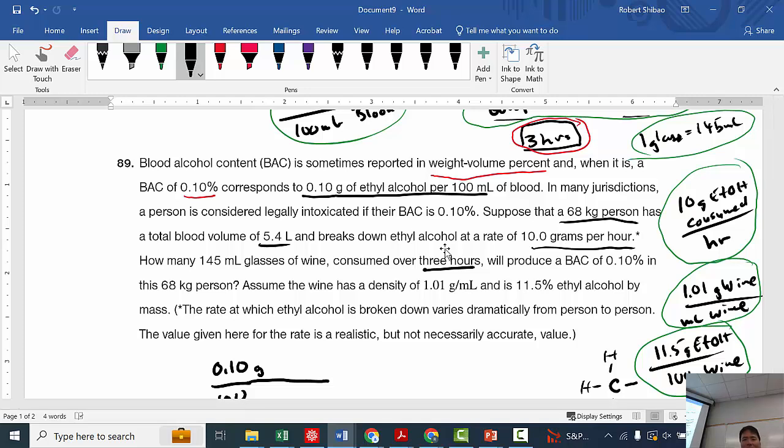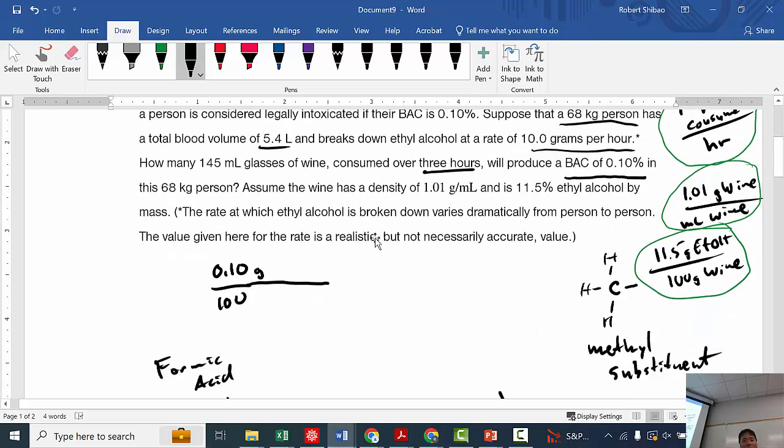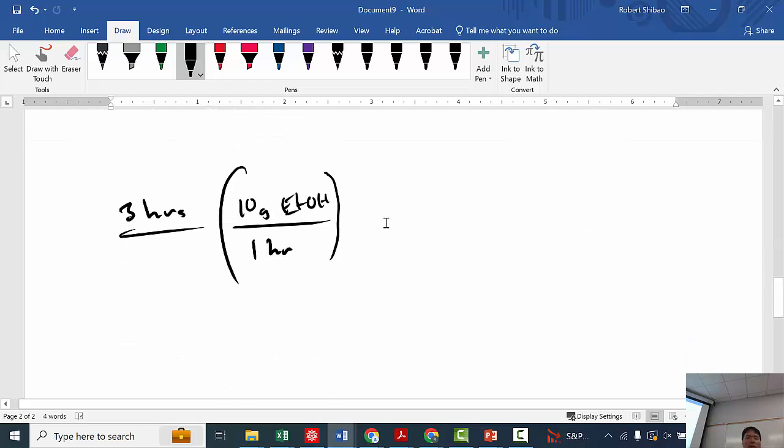I need a blood alcohol of, what are they saying? I need a blood alcohol of 0.10% at the end. And so I need to leave some stuff left over. Well, we could figure that out. We could do this in 2 steps. If I start off like this, this is going to tell me how many grams of ethanol I'm going to consume in this time period.